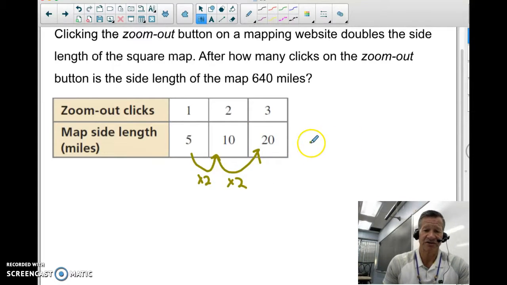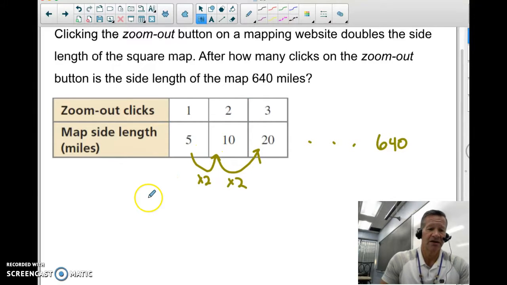So the question is, as this continues, when will the side length be 640? Because I know that this is a geometric sequence, I can use the formula of the form a sub n, any term, is found by just taking the first term and multiplying by the ratio to the n minus 1 power.